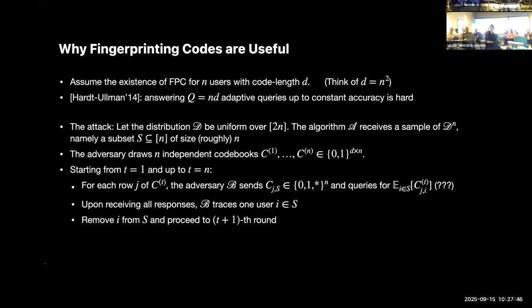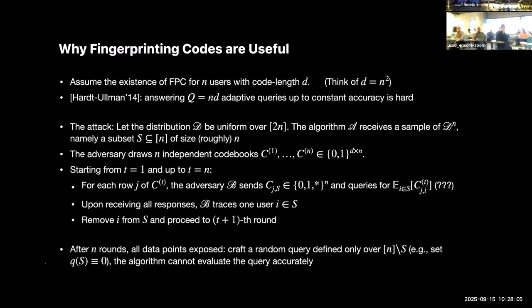Here we are assuming that in the next epoch of the interaction, the adversary will be able to send C sub J, comma S subtract I to the algorithm, which again is still cheating, but we'll address that in the next slide.